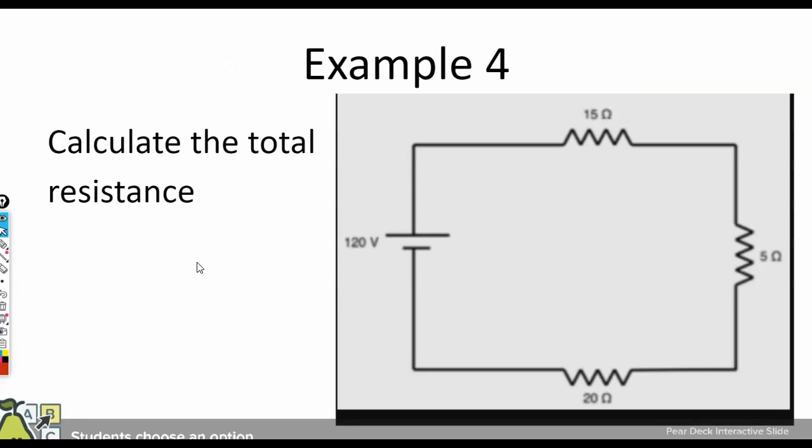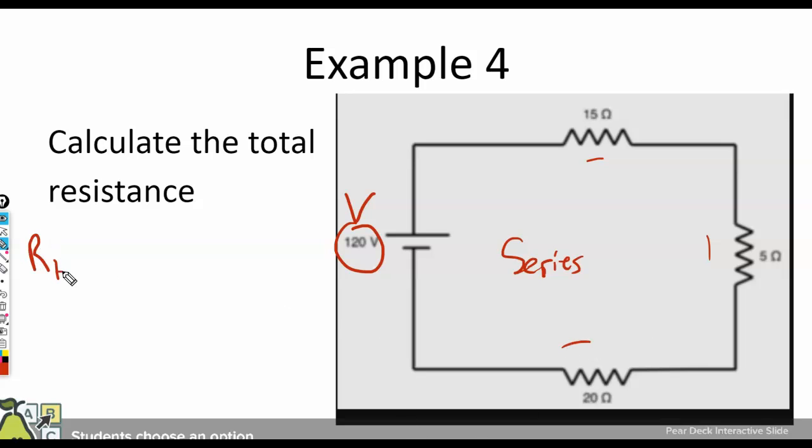I believe this is the last example. Again, I want you to try to do example 4 on your own. Calculate the total resistance for the circuit. Once again, we have a series circuit. The voltage is 120 volts, and then we have 1, 2, 3 resistors.